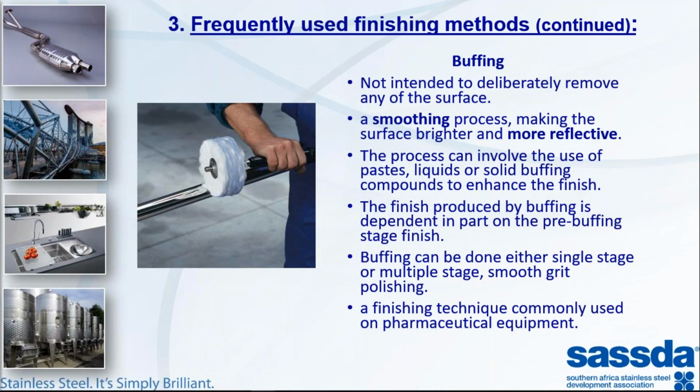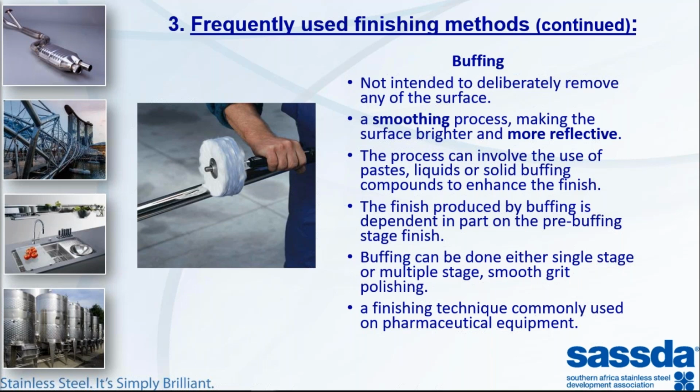And the fine finish produced is dependent on the pre-buffing stage. So you can't just take the buff wheel and put it on mill finish or hot rolled mill finish. It will only shine the dimples up, basically. Buffing can be done in single stages or multiple stages, and then with different grit sizes.